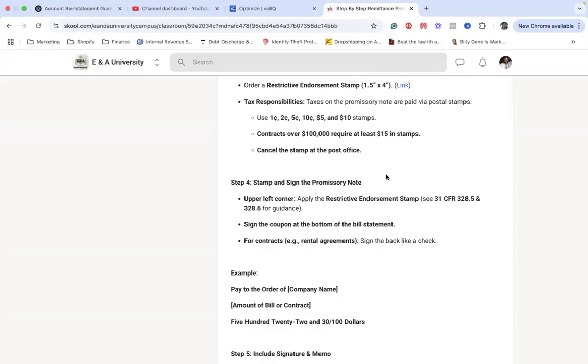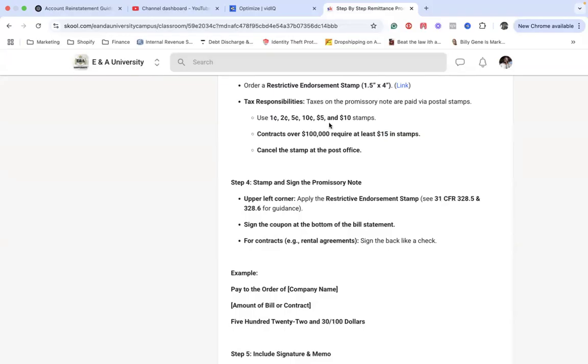So the higher the value, the higher value stamp you have to put on it, right? So if I need $15 to cover 100K, you need at least $15 in stamps. I'm not going to be putting a $10 stamp on 500 bucks. That's crazy. I'm going to put a 5 cent stamp, or a 10 cent stamp. So it's about the amount that's on there.